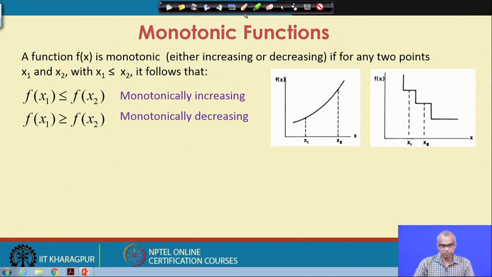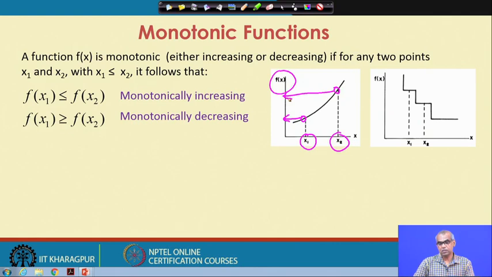In other words, a function f x is monotonically increasing if you take 2 points x 1 and x 2 such that x 1 is less or equal to x 2, then f of x 1 is less or equal to f of x 2.